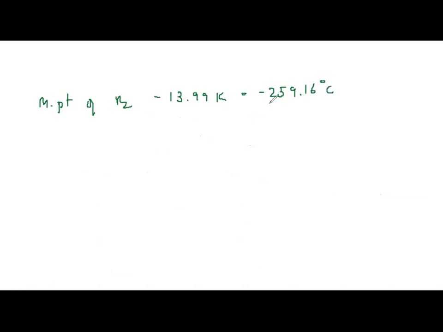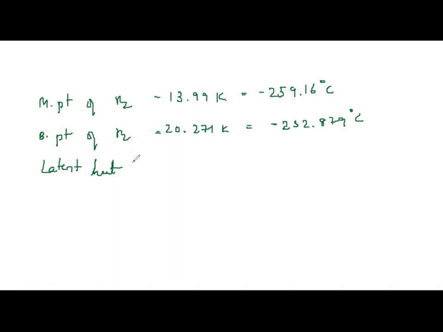Very low, minus 259.16. The boiling point of hydrogen is 20.271 Kelvin. And if you want it in the Celsius scale, how much is it? Minus 252.879 degrees Celsius, the boiling point. Latent heat means what?